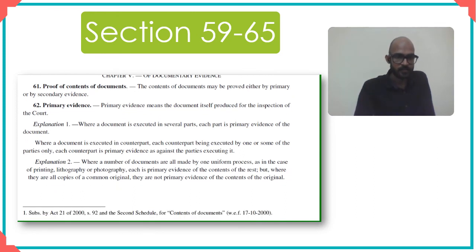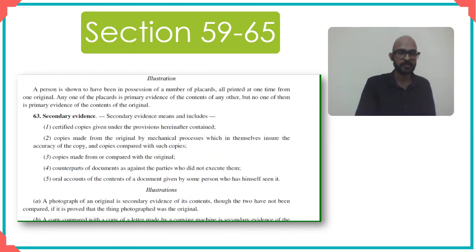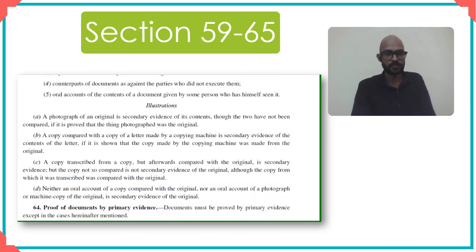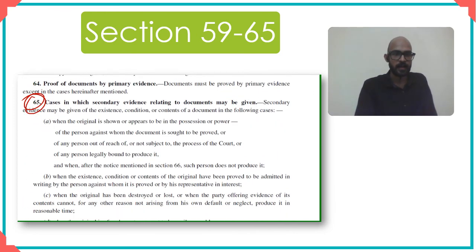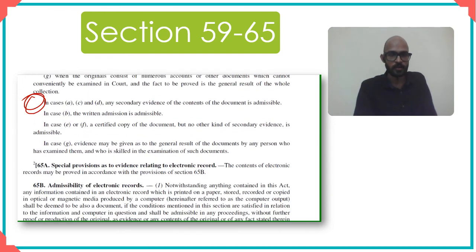Section 63 talks about what secondary evidence is. Then we know that we have a preference for primary evidence, which is given in section 64. And in section 65, we saw the cases in which secondary evidence can be given. As you know, the provisions following this, 65A and 65B, deal with electronic records, and we shall see them later.